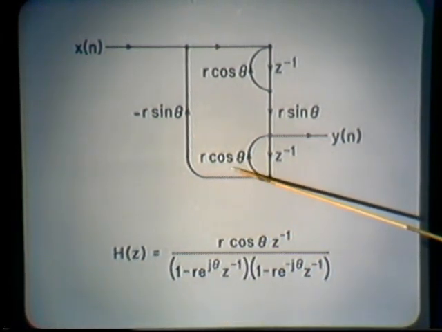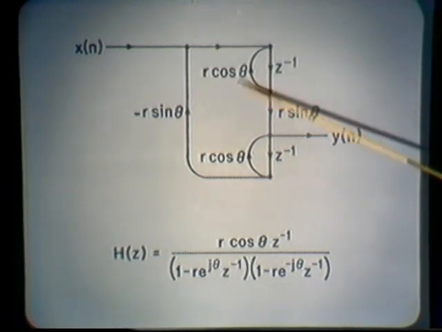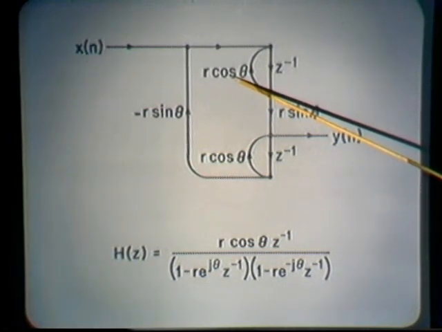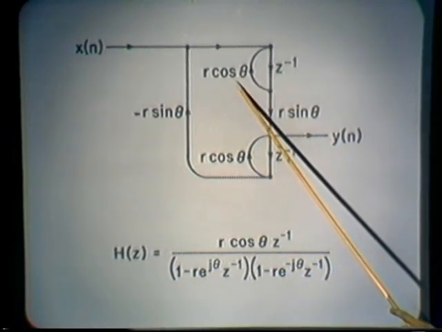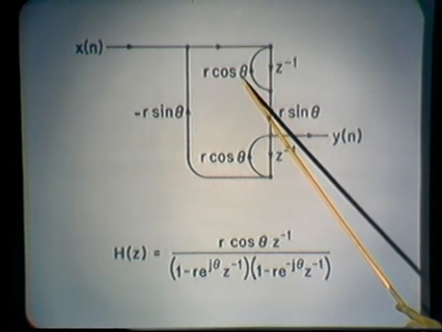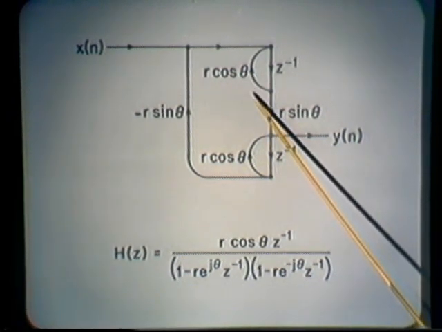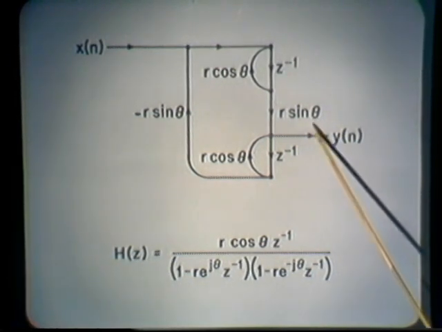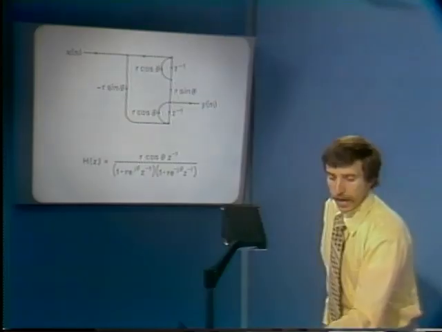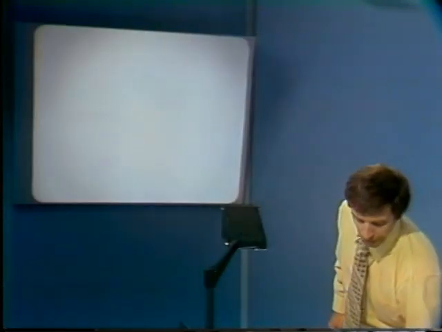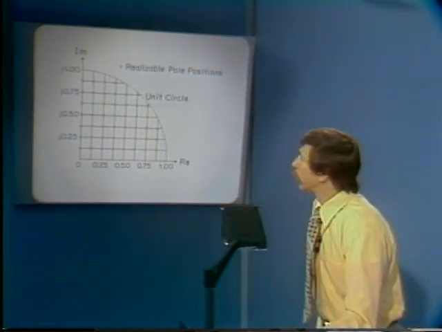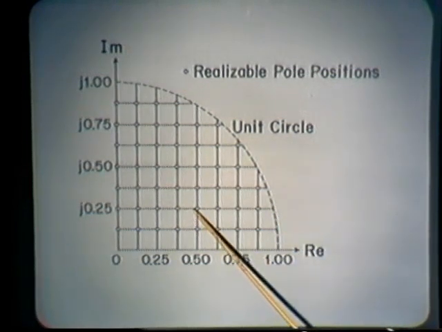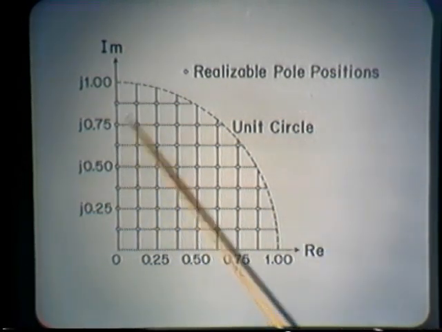But now the coefficients we see are r cosine theta and r sine theta. Quantization of r cosine theta implies, as it did previously, that the poles must lie along lines equally spaced along the horizontal axis. Quantization of r sine theta implies that the poles must lie along lines equally spaced along the vertical or imaginary axis. And so for that case, the choice of realizable pole positions are governed by the constellation of grid points that I've indicated here.